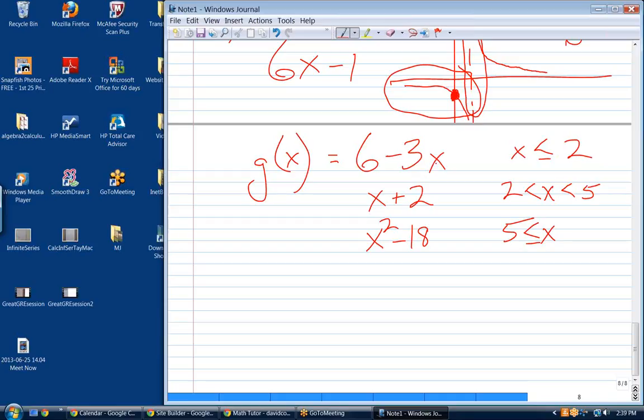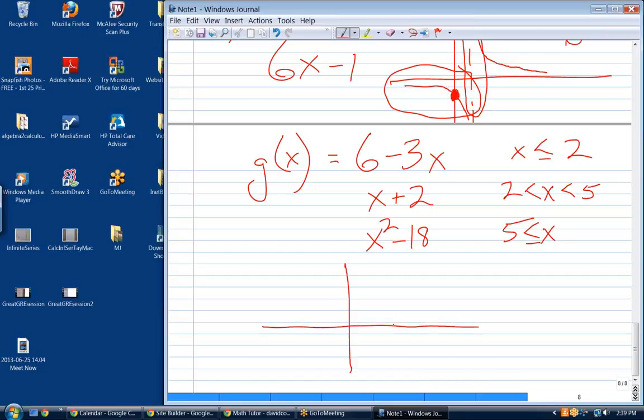So what happens at 2? Well, this one is equal to 6 minus 6, 0, and this one is equal to 4. So those 2 points can't come together.